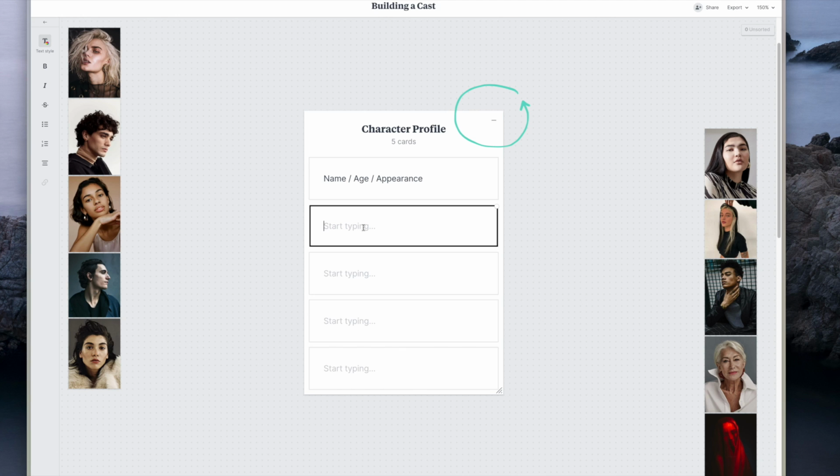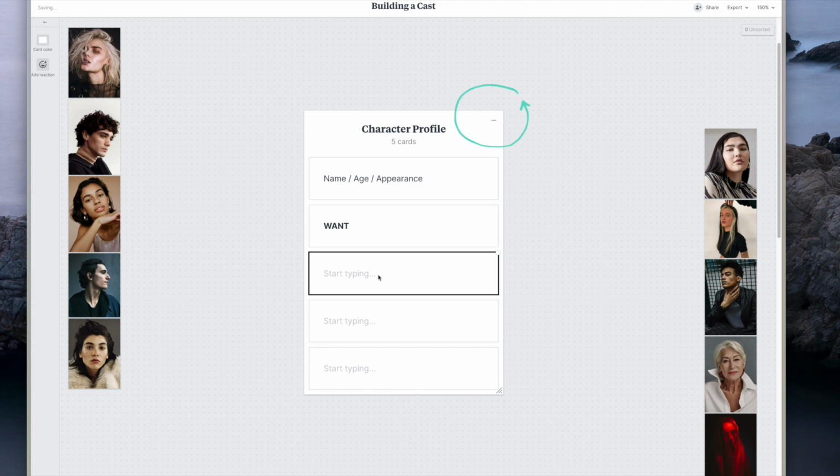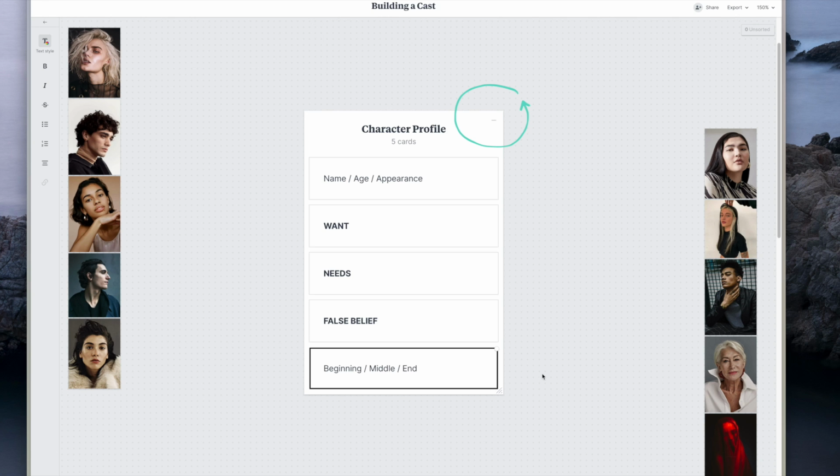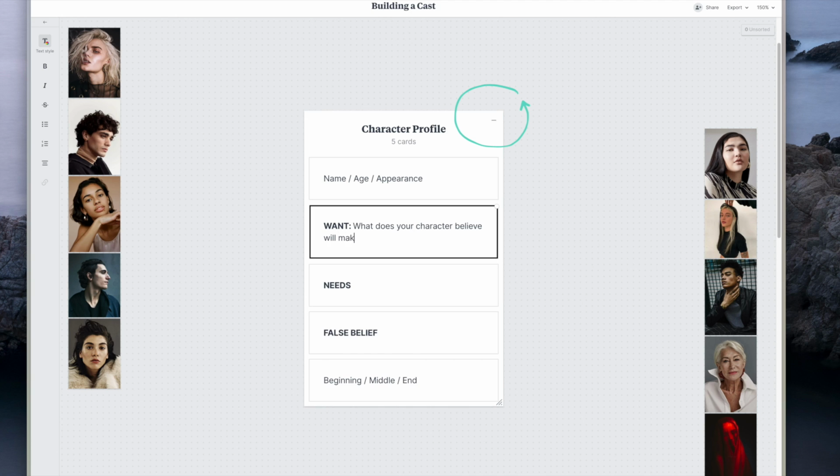But we also need to know what our character's want is, what our character needs, what our character's false belief is, and where our character is going to be at the beginning, middle, and end of the book. That's it. 5 things, 5 little groupings. The best way to define a character's want is: what does your character believe will make them happy?